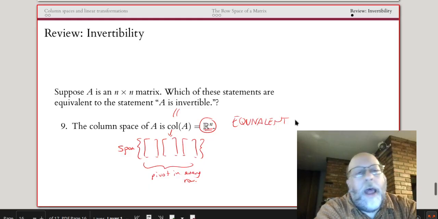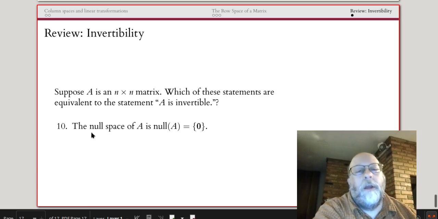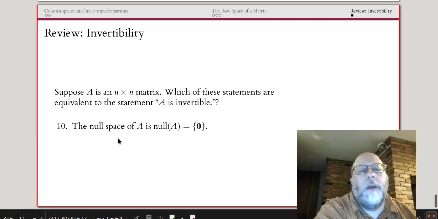So the last one, the null space of A is just the set containing the zero vector. That is, it's not the span of any other vectors. So that means that in the matrix A, I can have no columns that contribute to the null space.